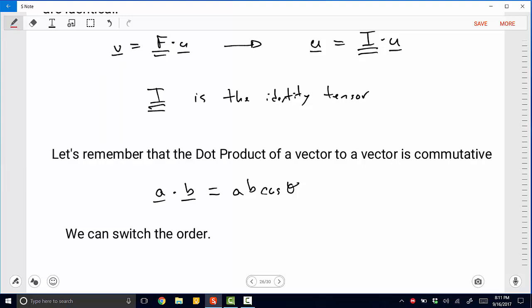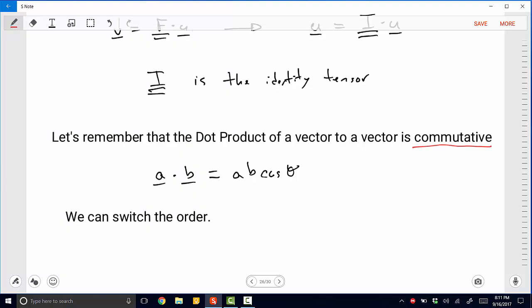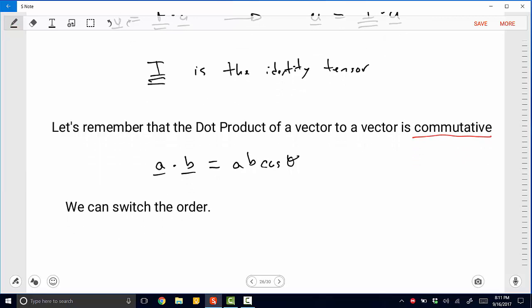Now the dot product of a vector to a vector is commutative in the sense that if we switch the order, B dot product A, we will produce the same scalar quantity because the angle between the vectors doesn't change. Right? We're simply switching the order.